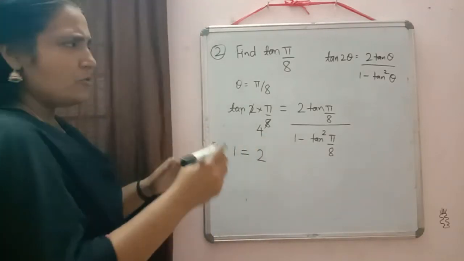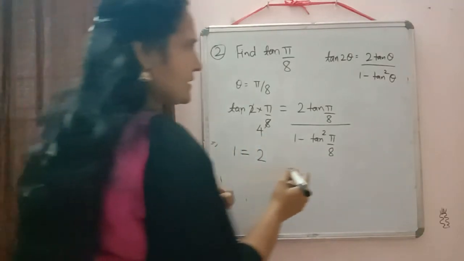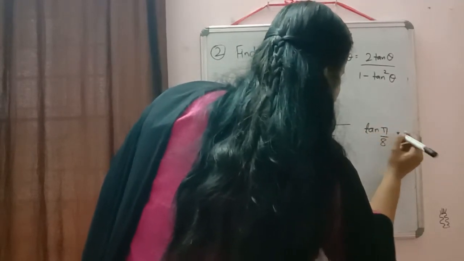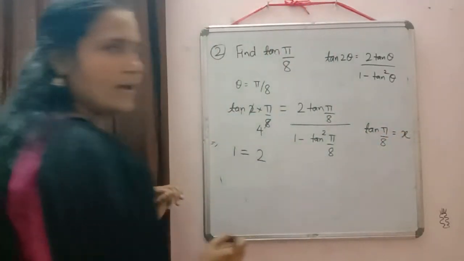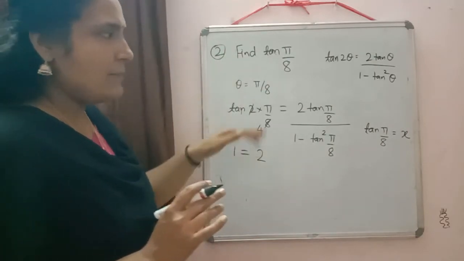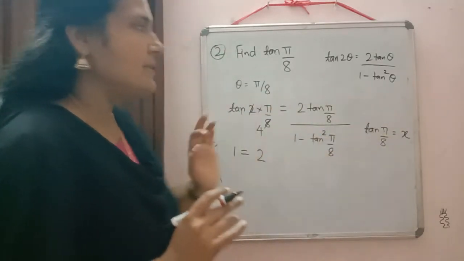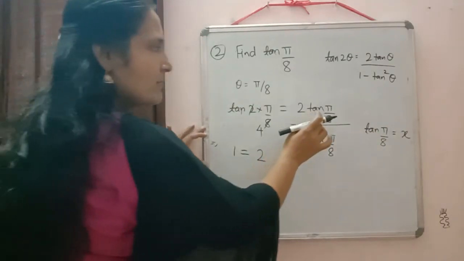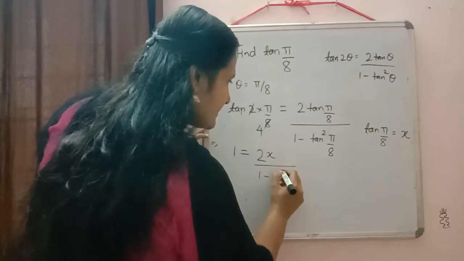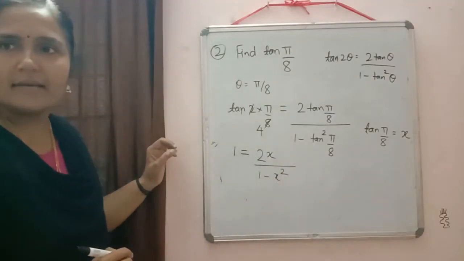Now here to make our calculation easy, I am taking tan pi by 8 as x. We have to find out the value of tan pi by 8, so I am taking tan pi by 8 is equal to x. So our expression will become 2x by 1 minus x square. Correct?